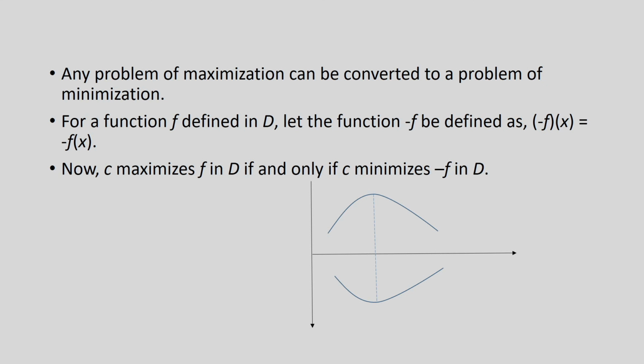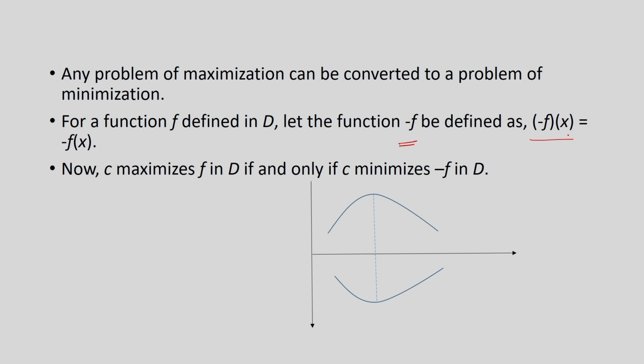Okay. Now, there is a correspondence between maximization problem and minimization problem. Any problem of maximization can be converted to a problem of minimization. For a function f defined in the domain capital D, let us define another function which is called minus f. How are we defining it?